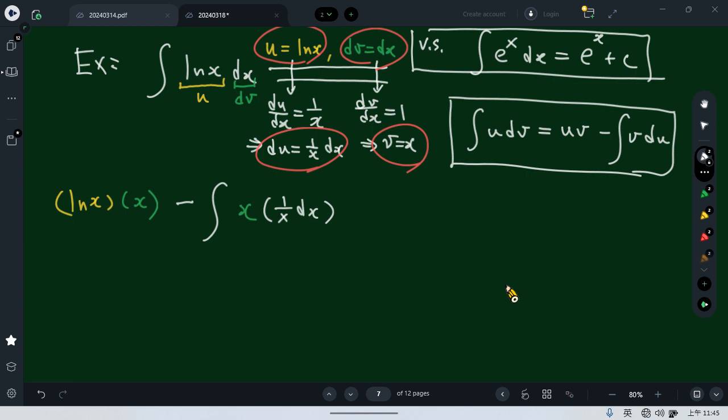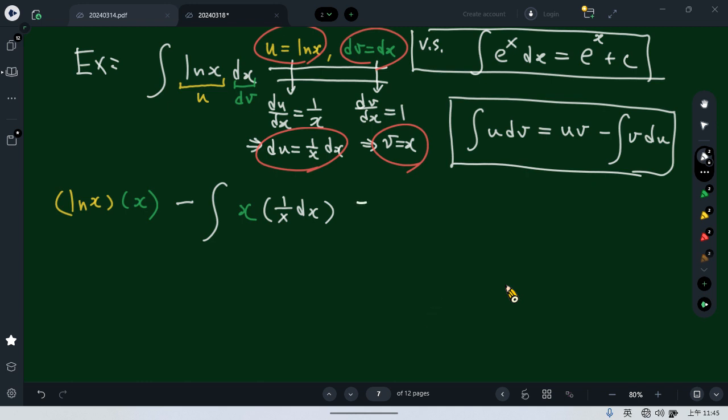Right? So we convert it into this one. You can see right now it becomes simpler. This part cancels.